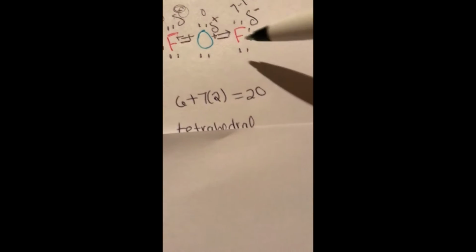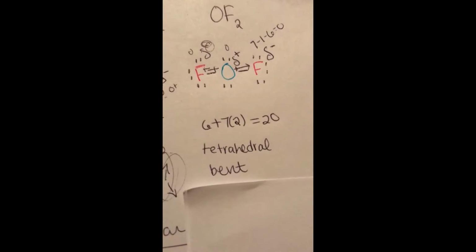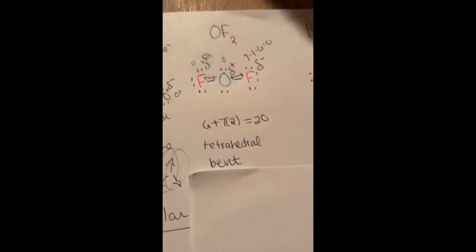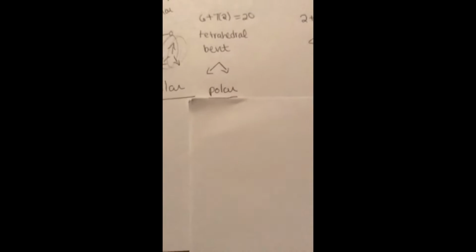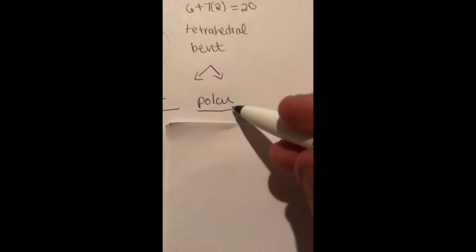But because 2 are non-bonding, it's actually going to be a bent molecule. With it being a bent molecule, it's going to look like that. And from that, we know that it is polar because they're going to be pulling in this downward general direction rather than in other directions.